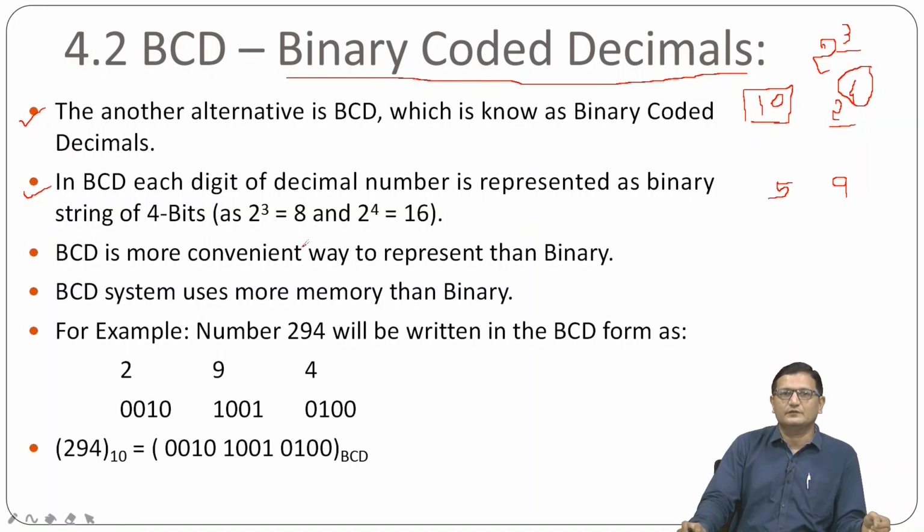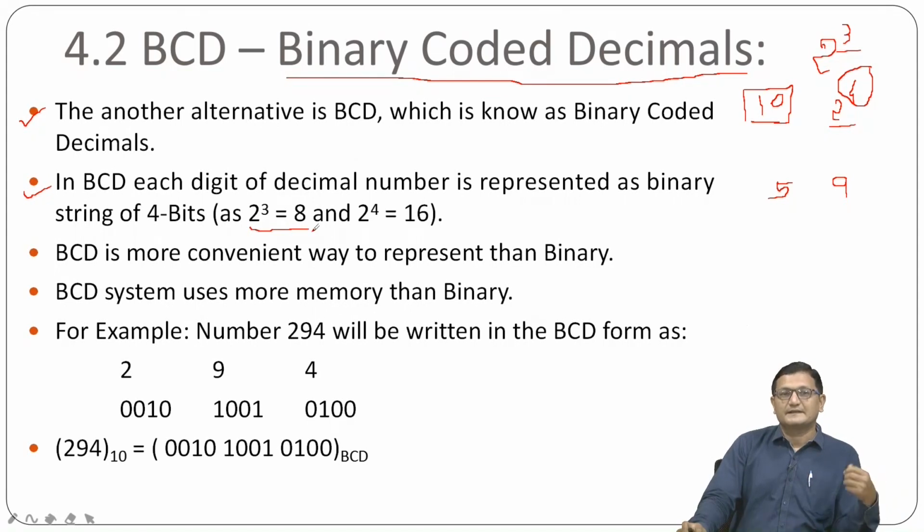So 3 bits are not sufficient, because with 3 bits we can represent only 8 symbols, right? That's why in the octal number system we are satisfied with 3 bits, because in the octal number system there are only 8 symbols.